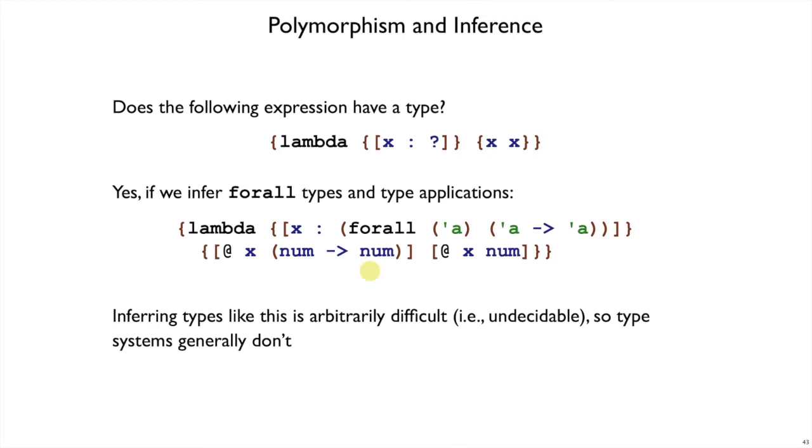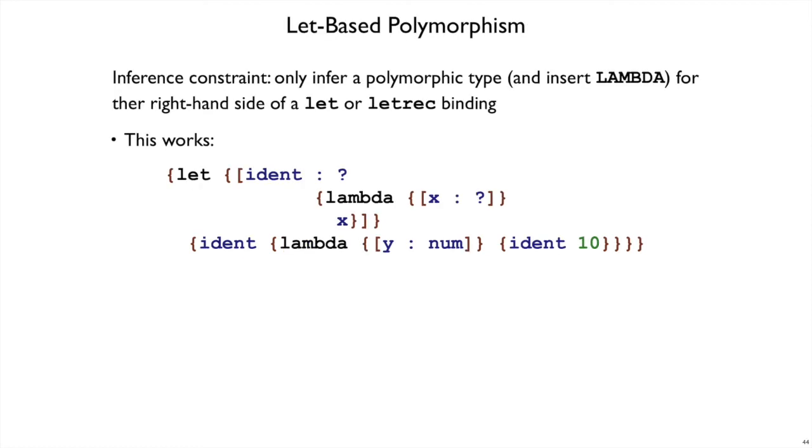But it turns out we took something that was impossible to infer before and turned it into something that's impossible to decidably infer. It turns out you can't find when for all types let you solve a problem; there's no decidable algorithm that will figure out the for all types and the type applications to make it all work. So to avoid that problem, most systems don't do that.